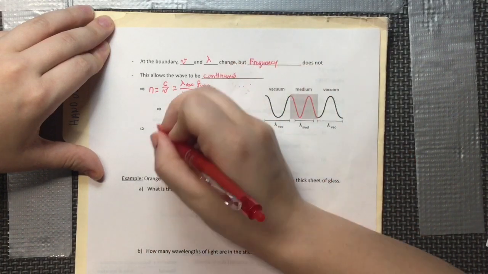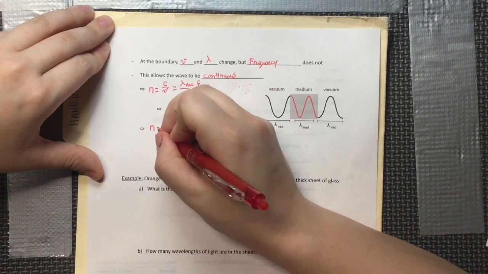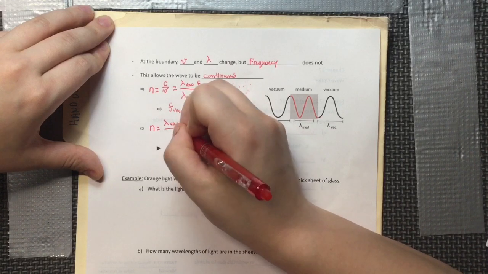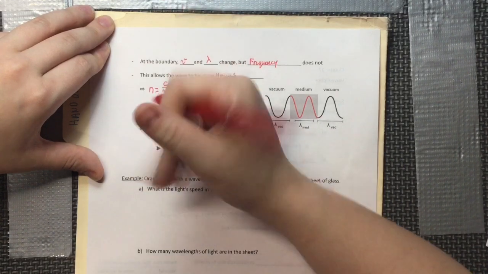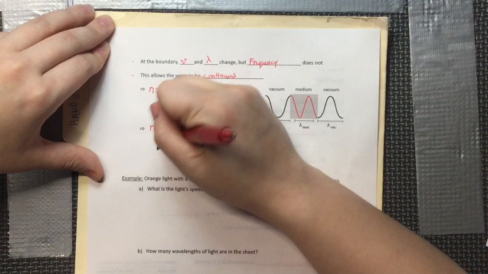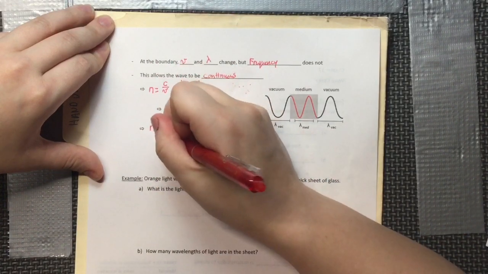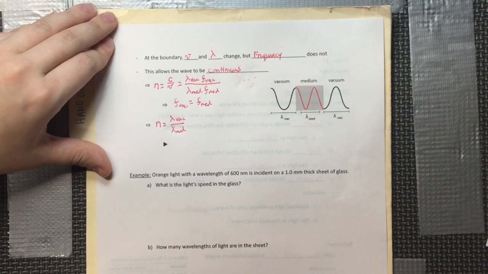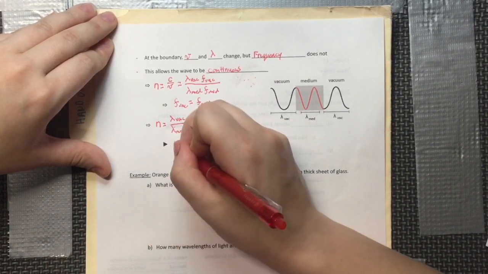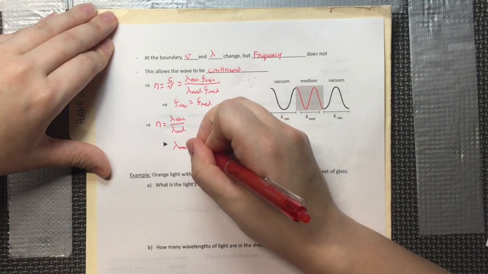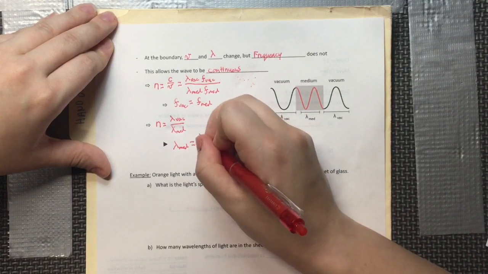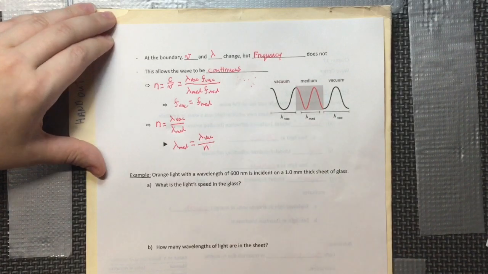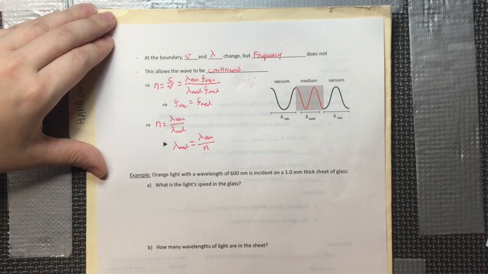This leads the frequencies to cancel out, giving us that n equals lambda vacuum over lambda medium. Rearrange it, and we get that lambda medium, so the wavelength inside the medium, is equal to the wavelength in the vacuum divided by the index of refraction.